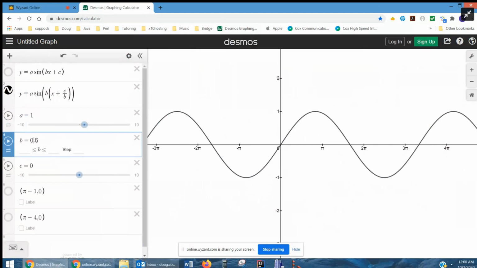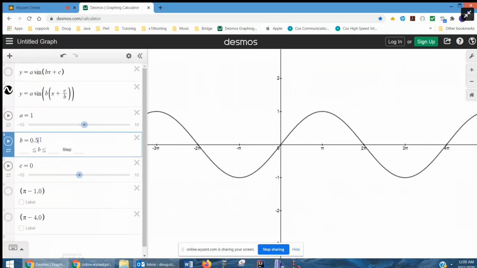Well, we'll do it this way. There we go. Okay, so 2 pi divided by 1/2 is 4 pi, so it's all the way out to 4 pi before the sine function starts another period. So B affects the period.